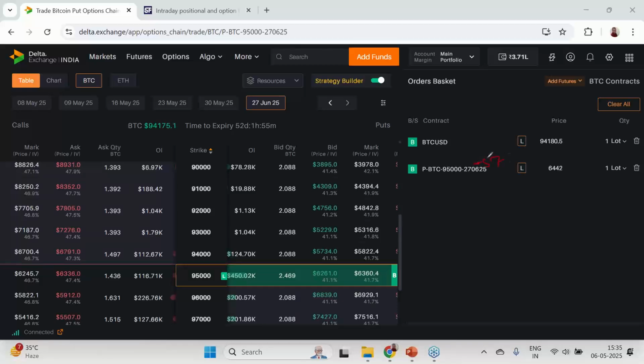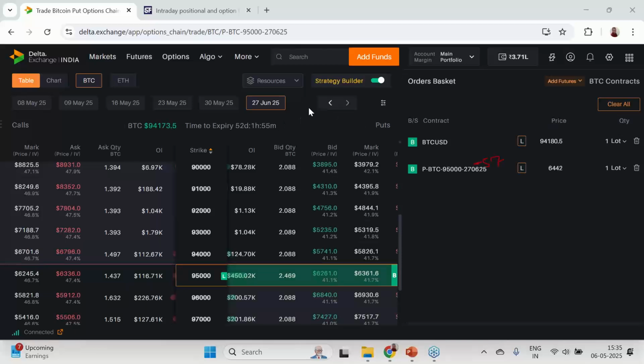So this much theta, $57 every day we are going to lose. This is in the money, having almost 800 points or $800 as intrinsic value. The remainder is all theta or time value, and $57 decay is happening per day.